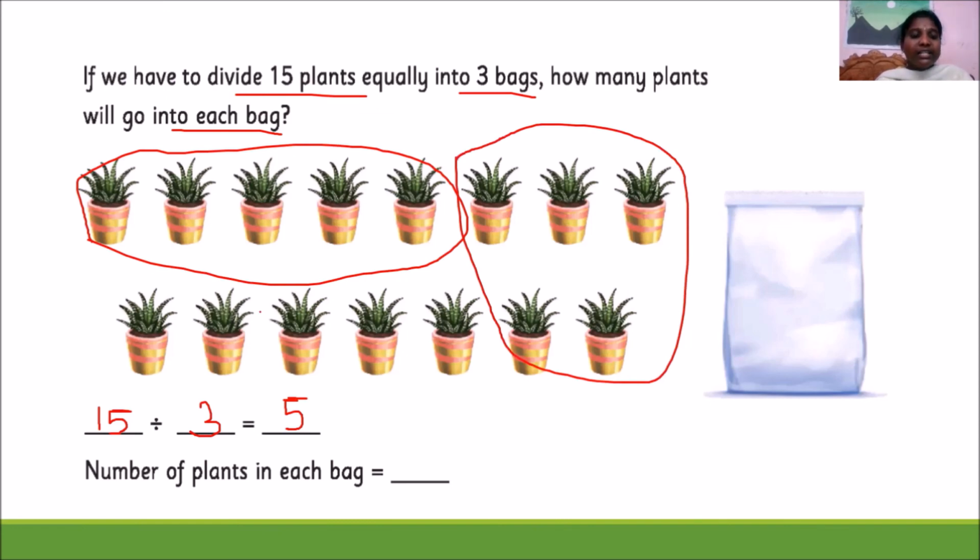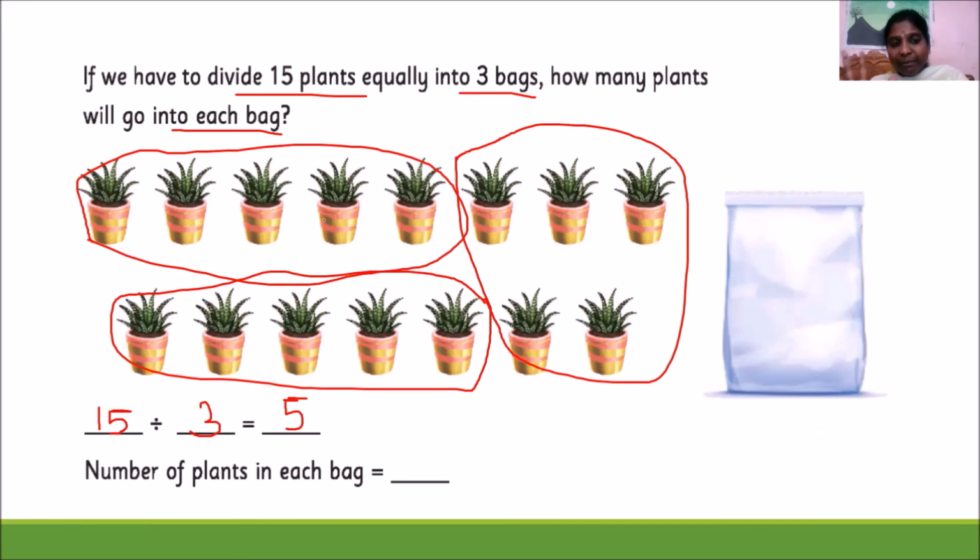Let's count the remaining plants. 1, 2, 3, 4, 5. So we can put these 5 into another bag. In each group we have 5 plants. Totally we have 15 plants and 3 bags.